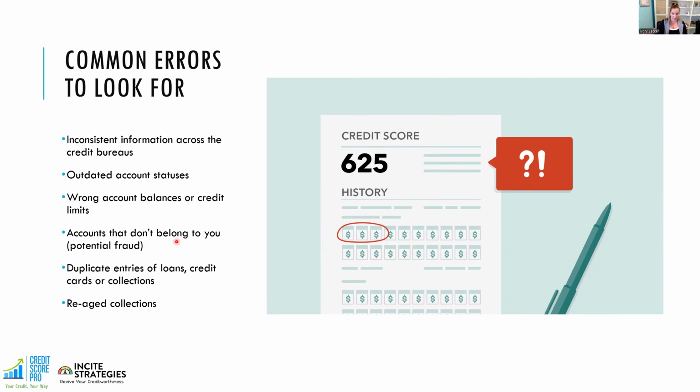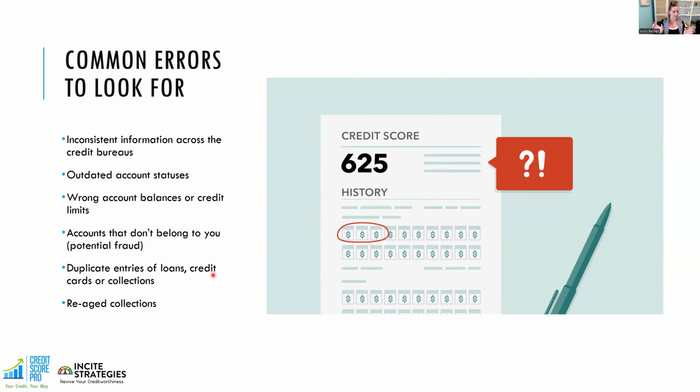So we do see fraudulent accounts, of course. Sometimes we see duplicate entries of loans. There are a couple creditors out there where we commonly see the same charged-off account twice on a credit report. That's hitting that client twice. Or let's go back to our Macy's example. We see that Macy's credit card on the credit report and the collection, perfectly valid, but we see the balance showing up on Macy's and on the collection.